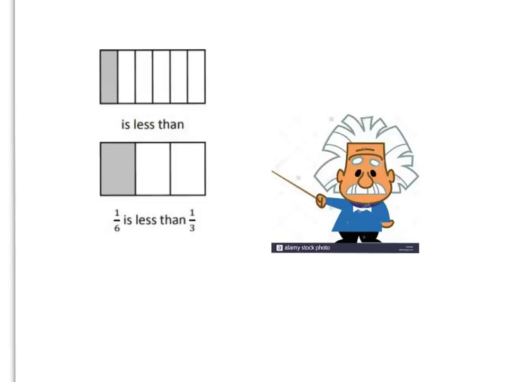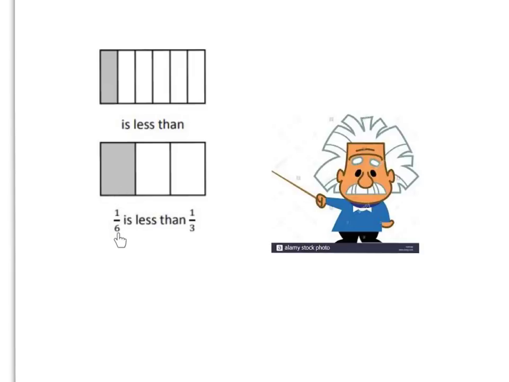Always remember this. The bigger the denominator, the smaller the fraction. Again, the bigger the denominator or bottom number, the smaller the fraction or picture. 6 is bigger than 3, but 1/6 is a smaller picture than 1/3.